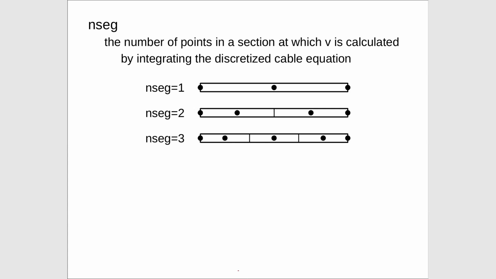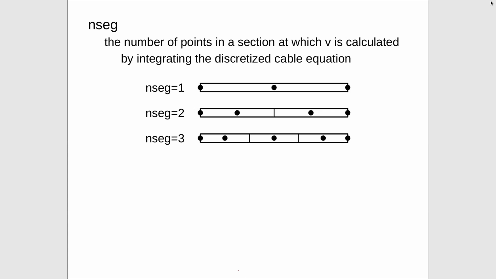Instead, we have to chop it up into pieces and represent what's going on in each of those pieces with a set of ordinary differential equations. That's the purpose of spatial discretization. We're making an approximate representation of continuous space, and the quality of that representation depends upon how finely we chop space up.